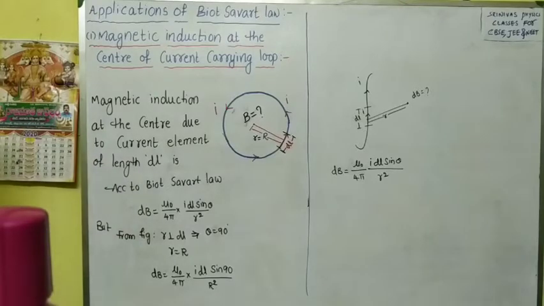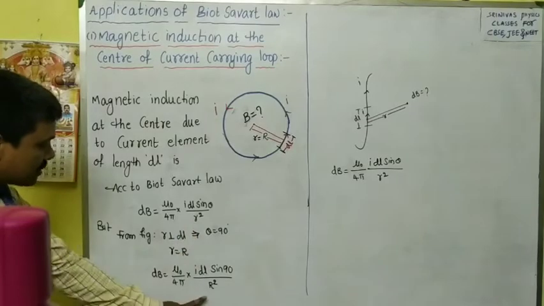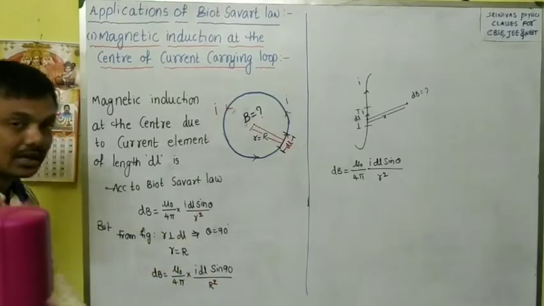Now we simplify. Small r is replaced with capital R and θ is replaced with 90 degrees.